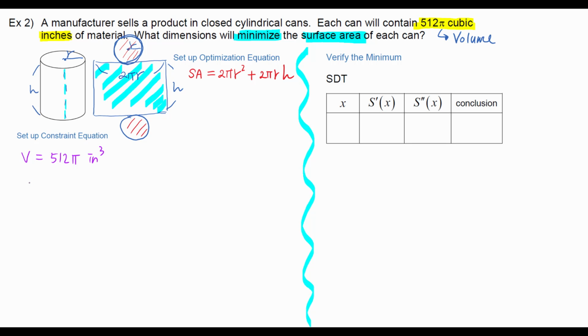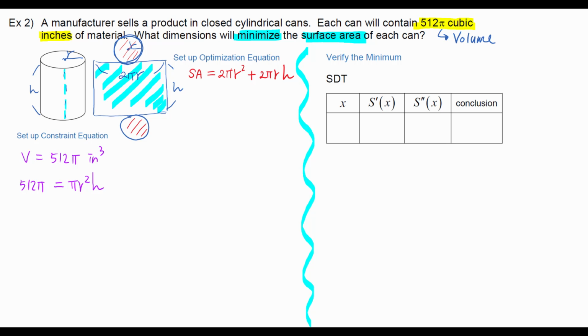But then what's the volume formula? 512 pi equals the volume of a cylinder, which is area of the base times height. And since your base is a circle, the area of the base is pi r squared times h. That will give you the volume.